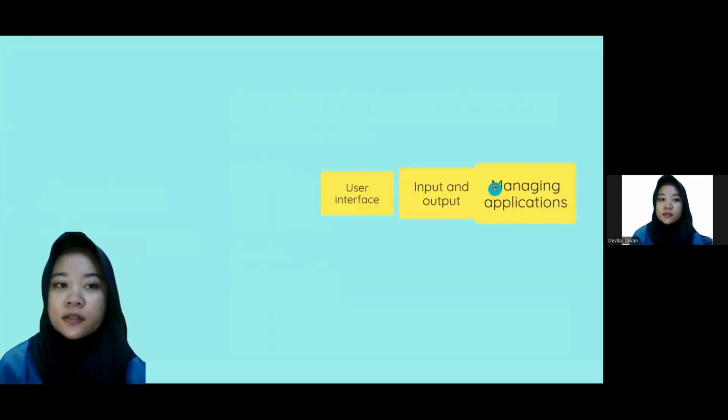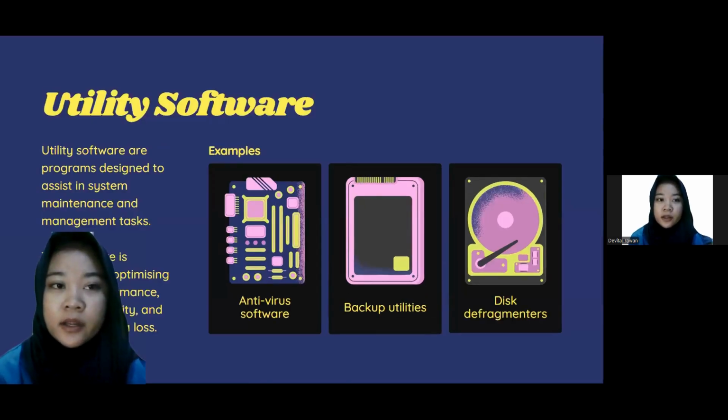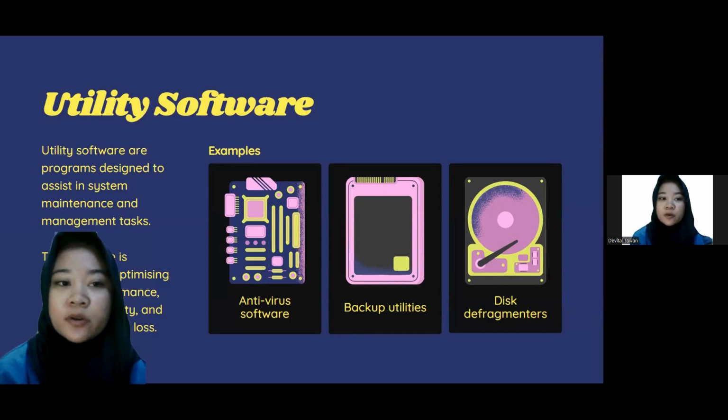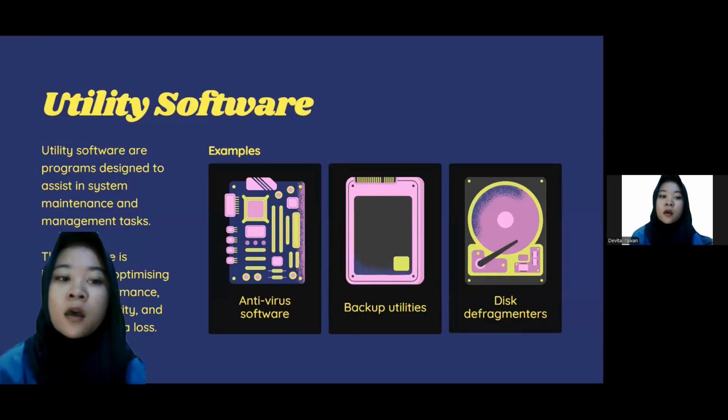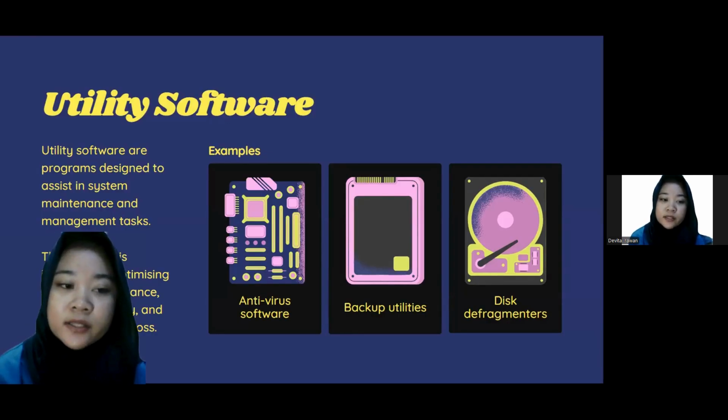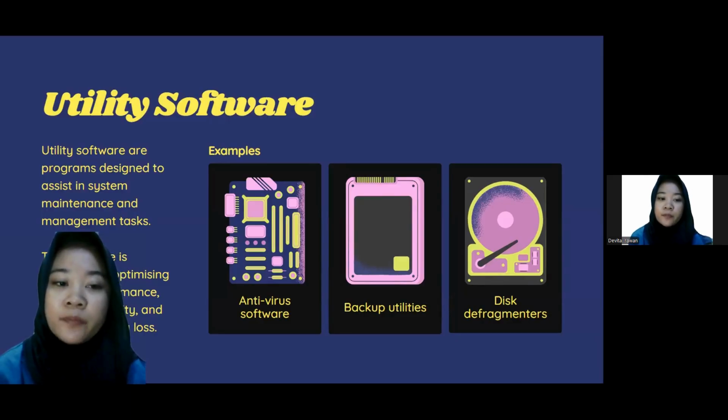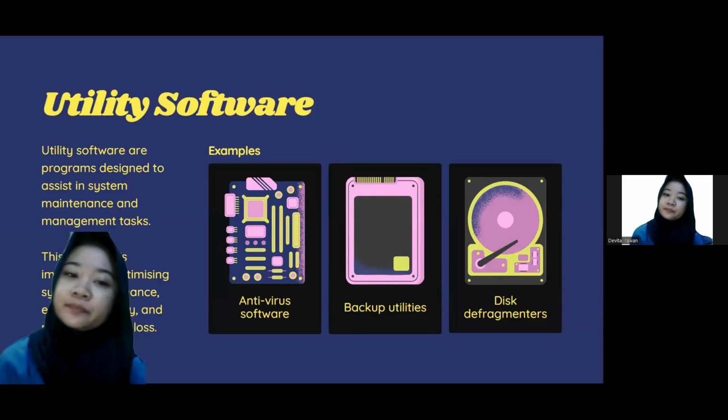The next slide is utility software. Utility software are programs designed to assist in system maintenance and management tasks. This software is important in optimizing system performance, ensuring security, and preventing data loss.